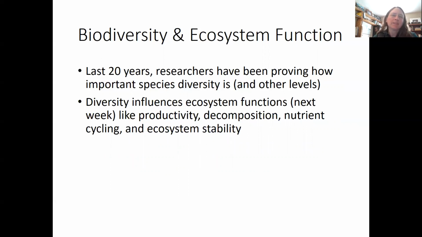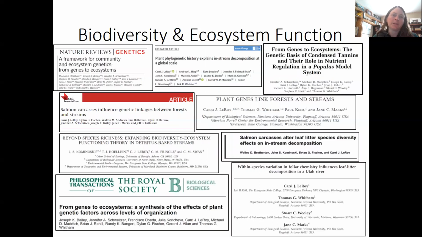Basically, this is where I've put a lot of my time and effort as a scientist. And so these are just some of the papers that I've been lucky enough to collaborate on and to work with others to study how species diversity influences ecosystem function, but also how genetic variation and genetic diversity can influence ecosystem function.